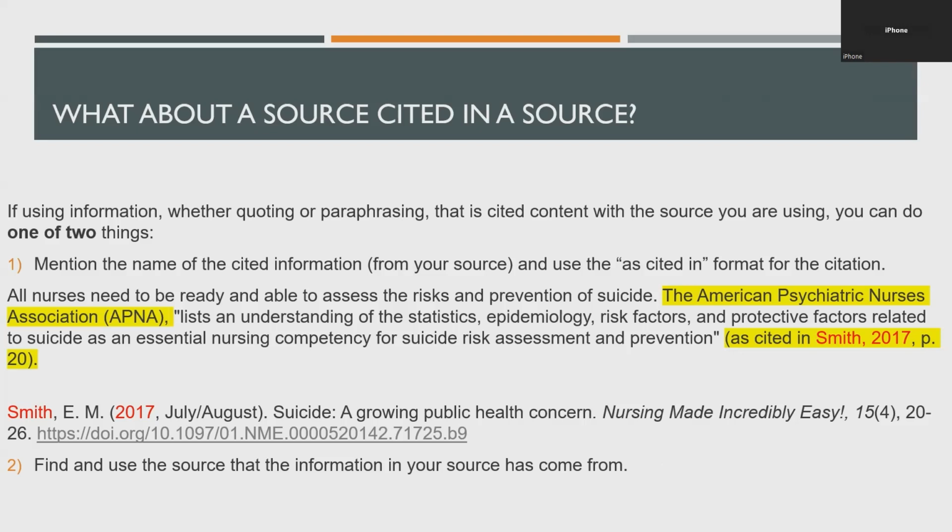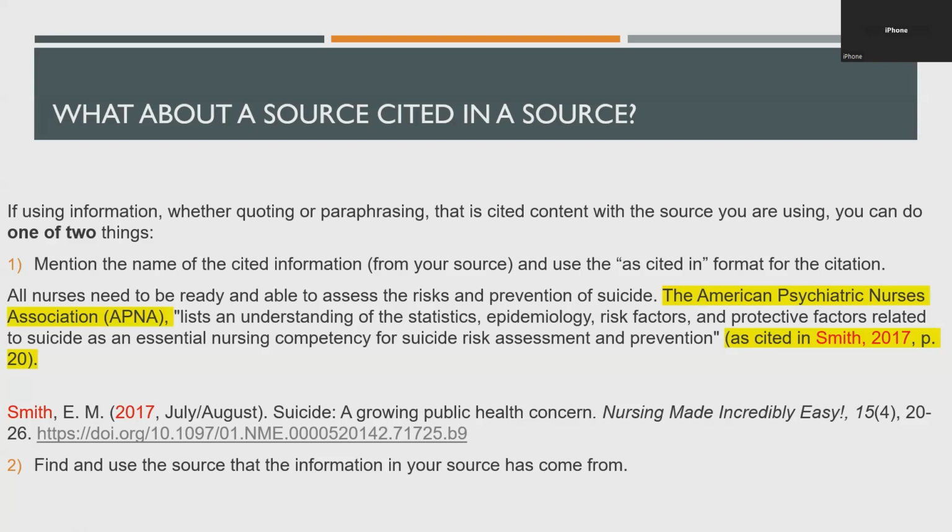But sometimes you can't find the original source, or sometimes the assignment just doesn't really call for that. For instance, if you're writing a discussion board post, at least as your instructor, I'm not going to expect you to go track down a different article just so you can quote from the original. But this information is included here.